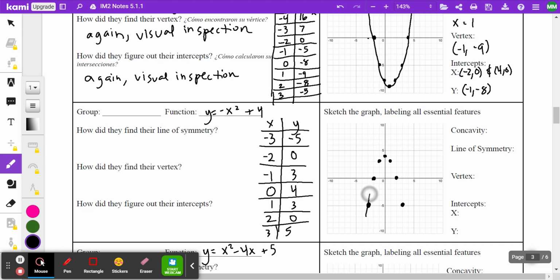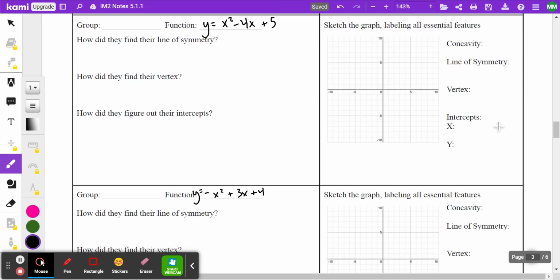Okay, smooth curve. I'm being very careful to make sure I don't have a pointy graph. This is a curved graph.